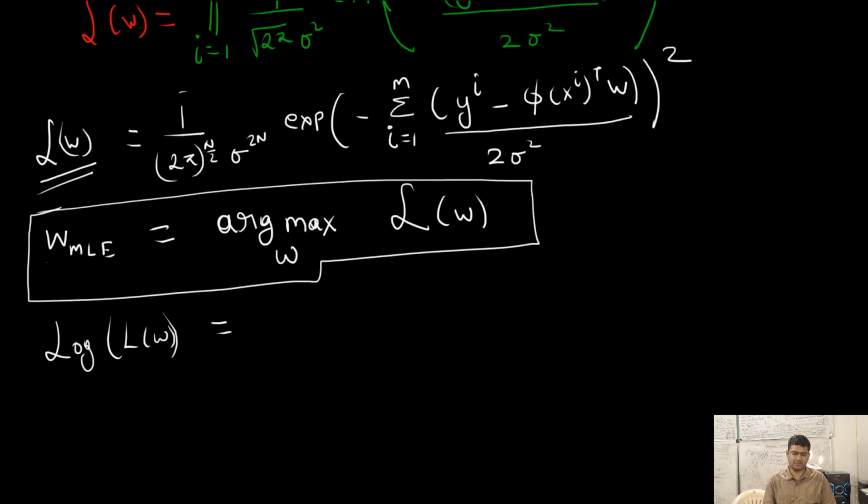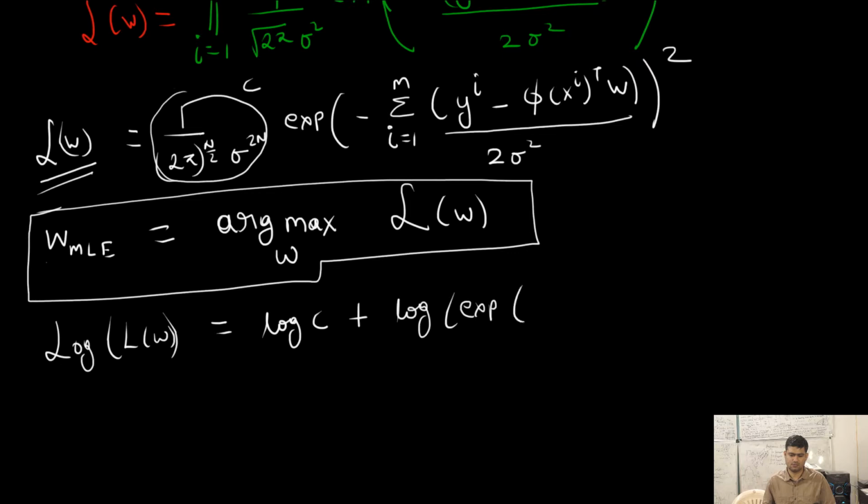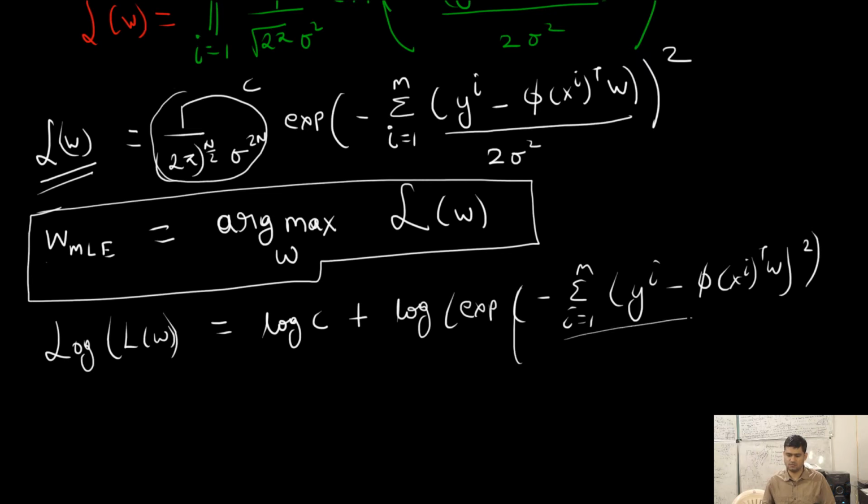We can assume that this is some constant C. So this would be log of the constant C plus log of the exponent of negative of the sum i equal to 1 to n of yi minus phi of xi transpose times w, squared, over 2 sigma square.